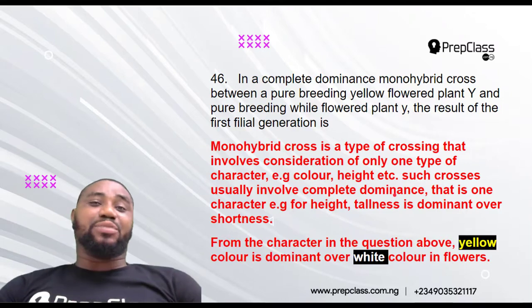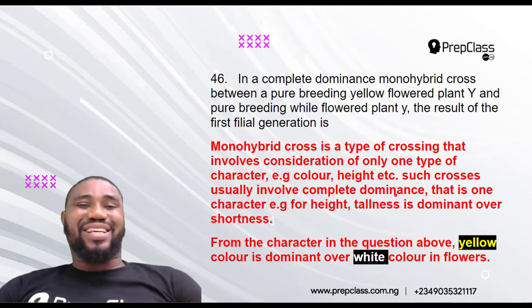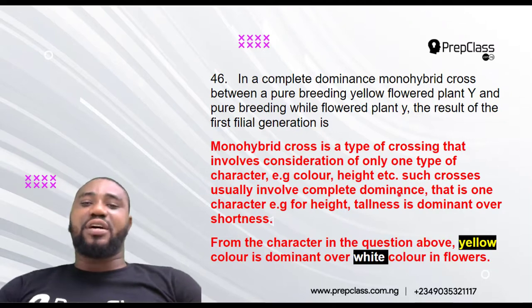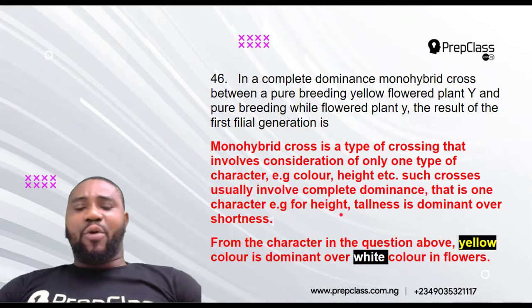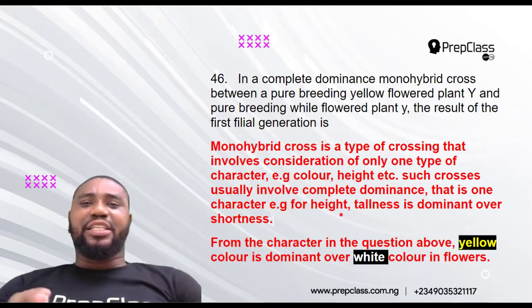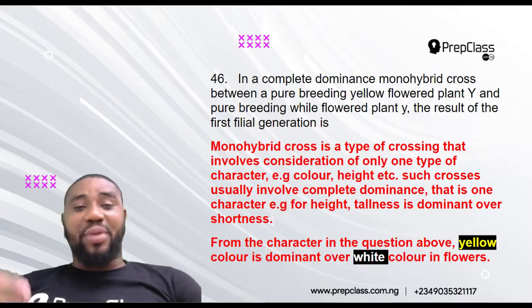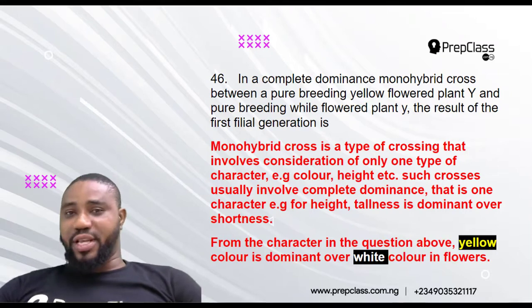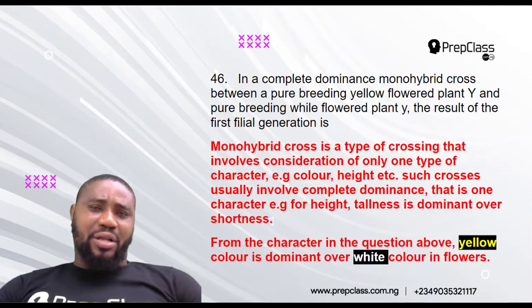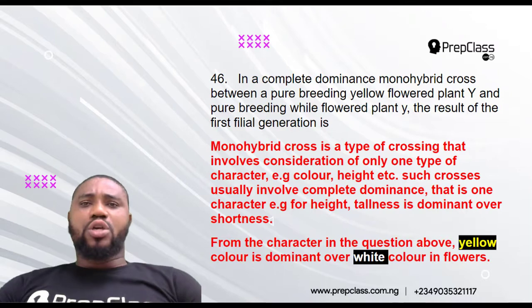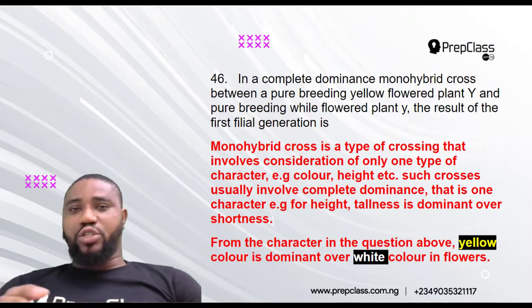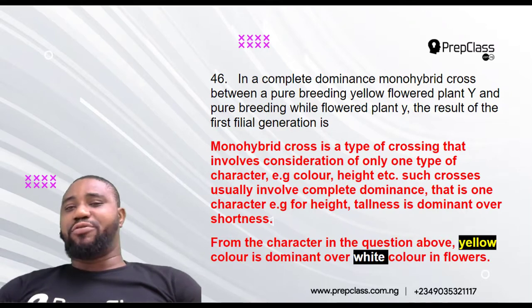The other character that is being overshadowed is called the recessive gene or the recessive character. So in crossing, when we talk about height, the gene for tallness is usually dominant over the gene for shortness. But because we are not talking about height here, we are talking about color, the gene for yellow is always dominant over the gene for white.